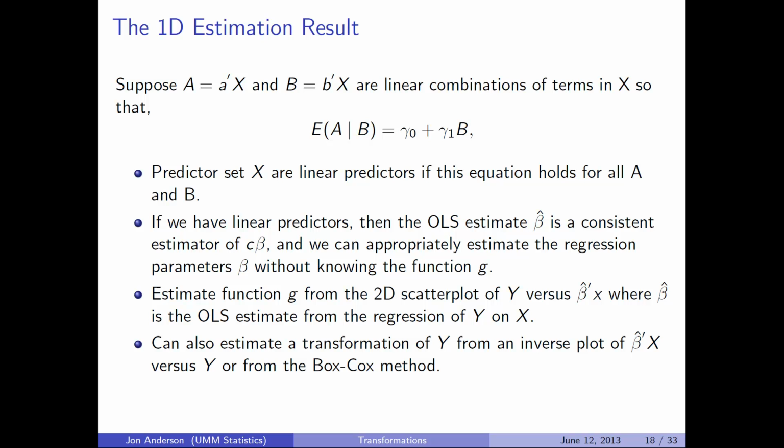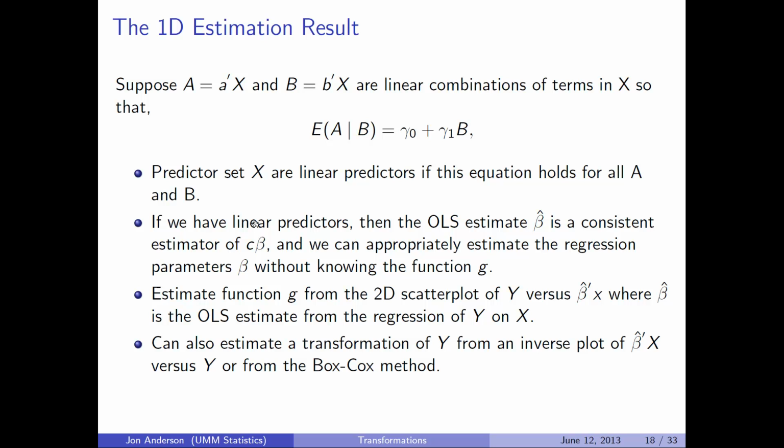For any of those linear combinations, anything we could construct, the A quantity and the B quantity are related to each other by a linear function. And that's if the predictors interrelate to each other in a linear fashion. That is what we refer to right here as the predictor set X being linear predictors.